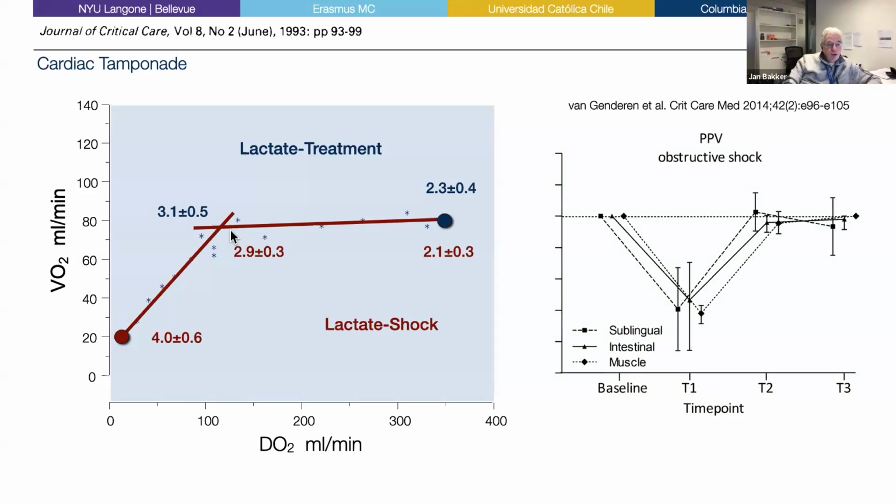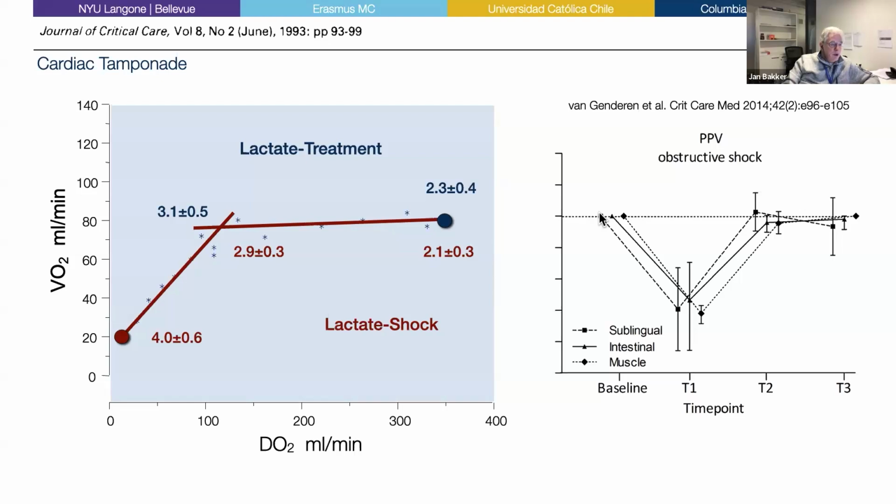If you look at the microcirculation in obstructive shock, that's a study that we did with Michel Verdant, where we compared tamponade with sepsis. So in this whole change of oxygen delivery, decreasing blood flow, increasing lactate, you can see that your microcirculation decreases.